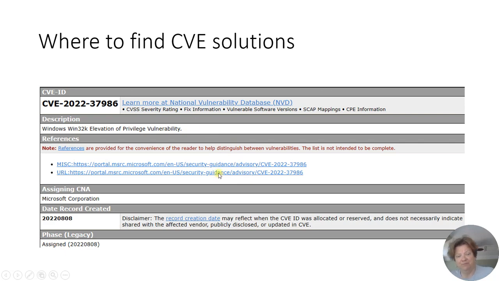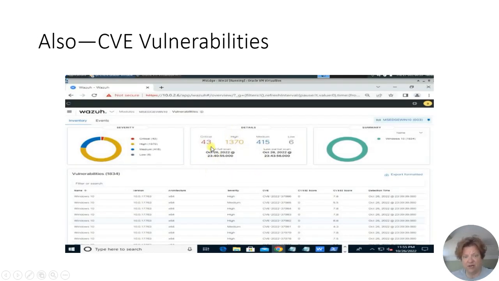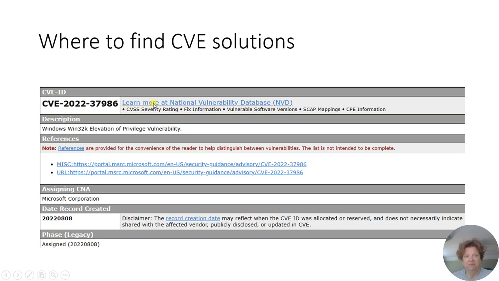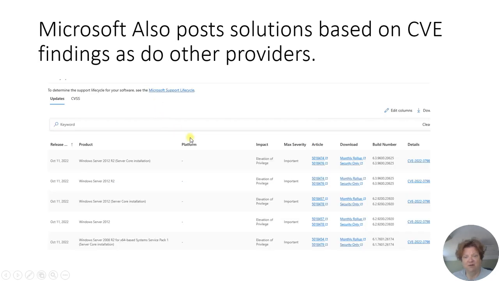And that's what I'm trying to show here. So in this case, for our little sandbox, there was 43 critical, 1370 high, mediums and lows. And so I pulled the one, 37986, and just looked that up. And then also went to the Microsoft site.